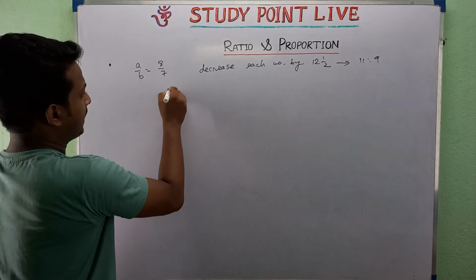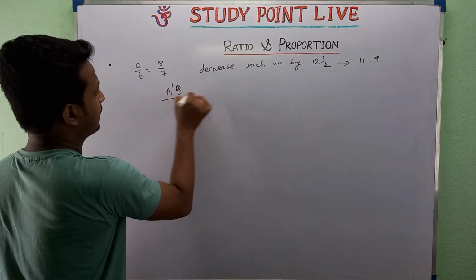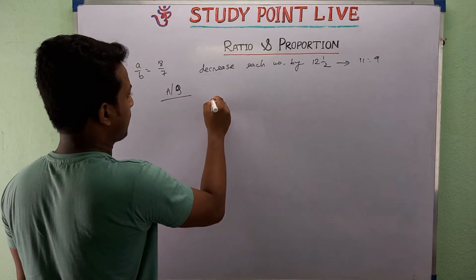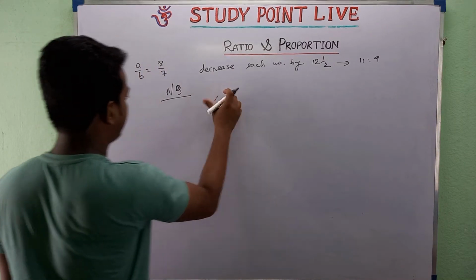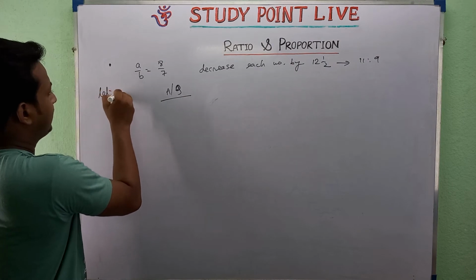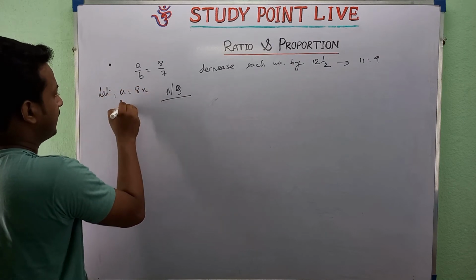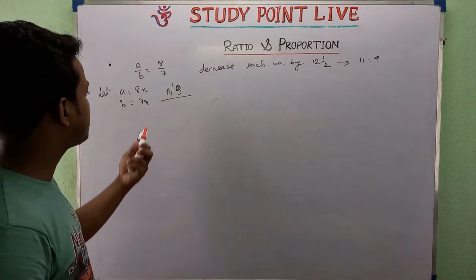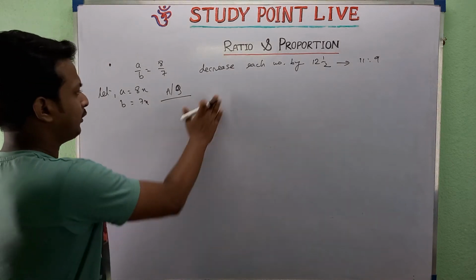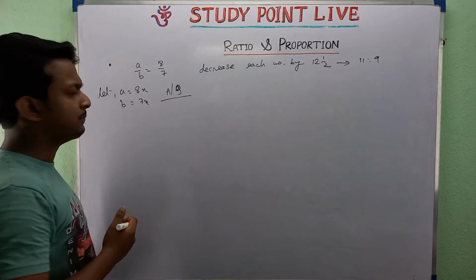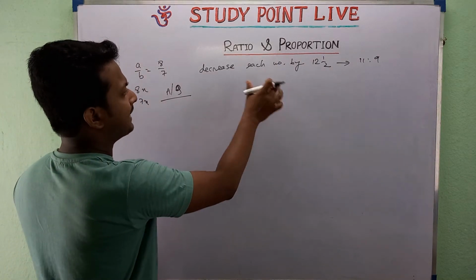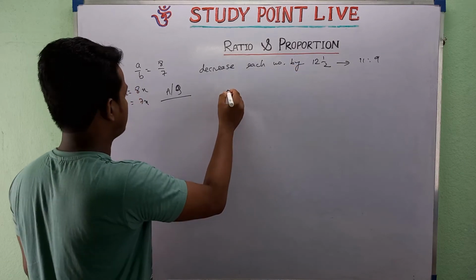Now see, I am writing according to the question, and I will write the equation at first. See here, let a is equal to 8x and b is equal to 7x. That's because the ratio of a and b is 8 to 7. So we can say that a is 8x and b is 7x. So see here, according to the question, each element is decreased by 12 whole 1 by 2.